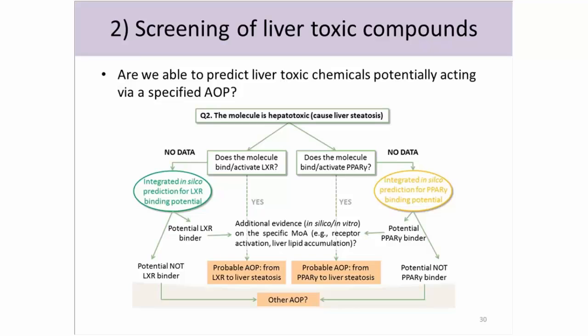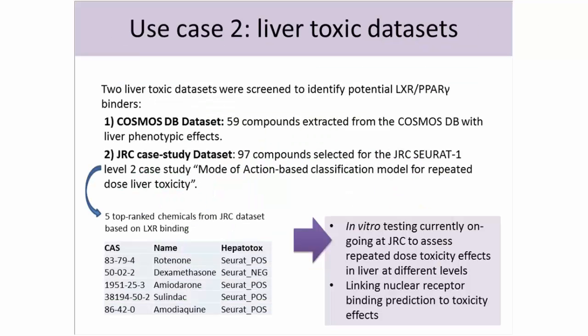This is the other approach that can be used within these methods. If we have molecules and we know that these molecules are hepatotoxic, and they are strong binders to these receptors, it may be that the possible AOP for liver steatosis is the interaction with LXR or PPARγ. In this case, we use a data set that has been developed within the JRC, composed of almost 100 compounds. They have been selected as hepatotoxic and with different AOPs.